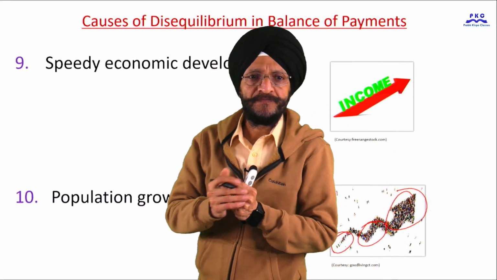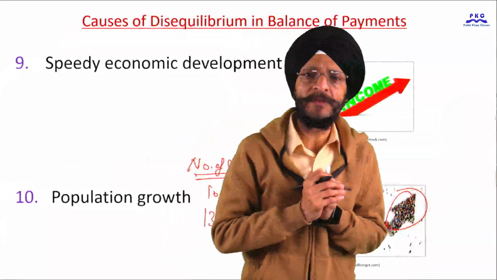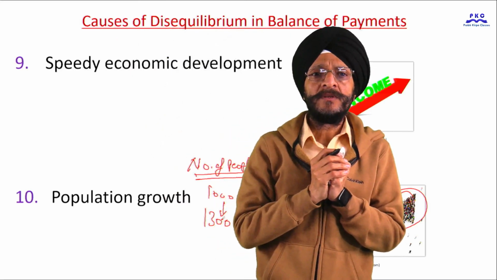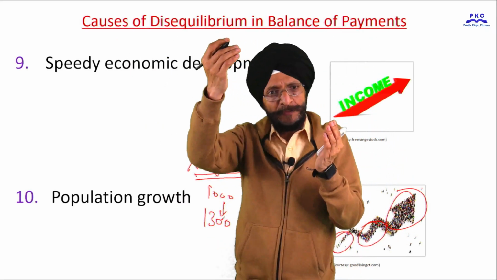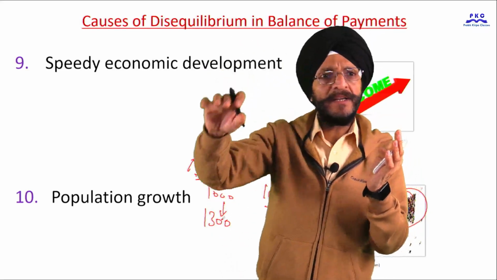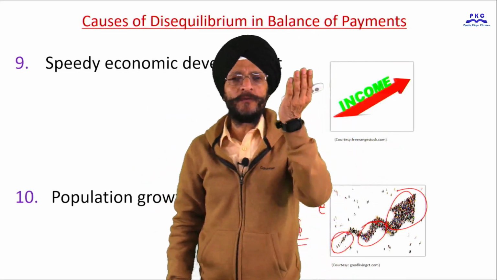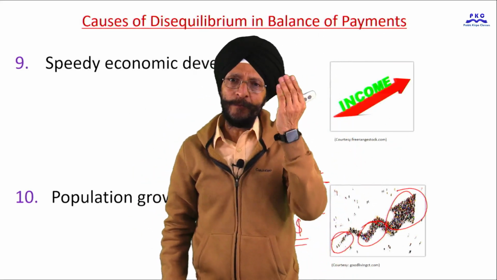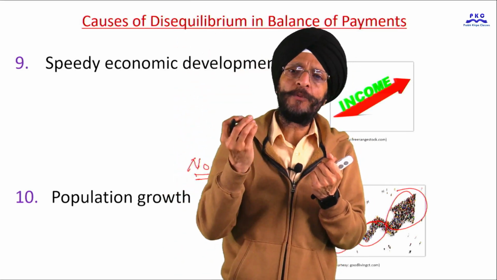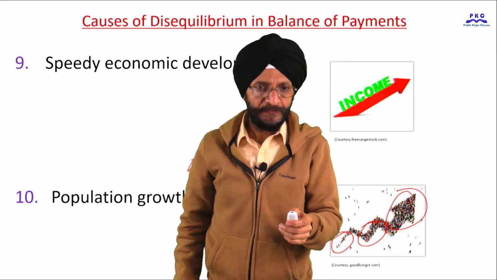On the other hand, when the population has increased, it is also quite possible that more goods will be imported. So exports reduce, imports more. So there it will ultimately have disequilibrium in balance of payments. That is, the outflow of foreign exchange will be more because exports are reducing and we are importing more as compared to previous years.